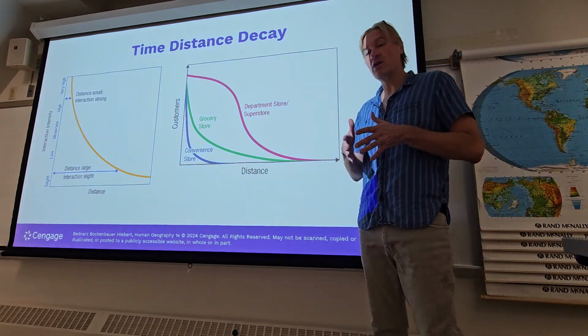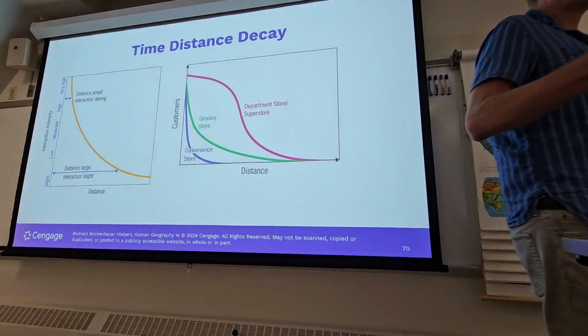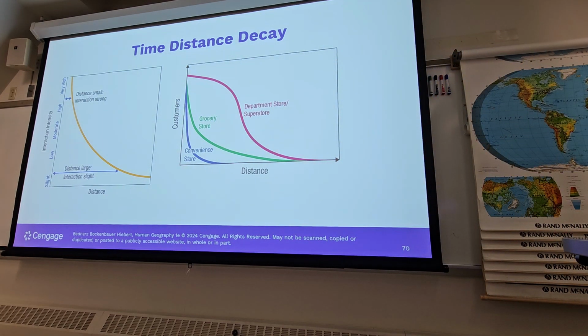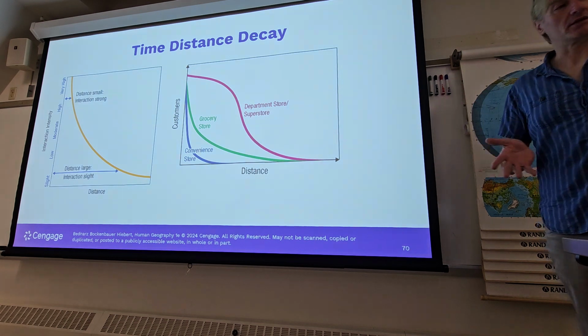And so they tend to be small and tend to be spread out, right? Now, if you have a larger store, department store, superstore, well, as you can see there, people are more willing to drive further. And it still has absolute limits, but that means that you could have one of these big stores and you could have more space in between them, right?